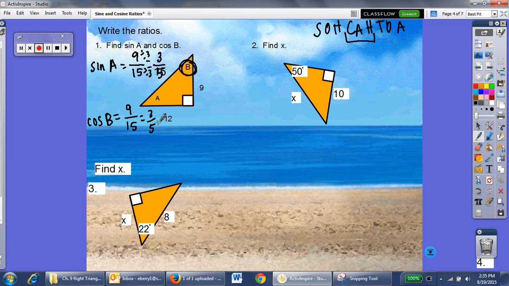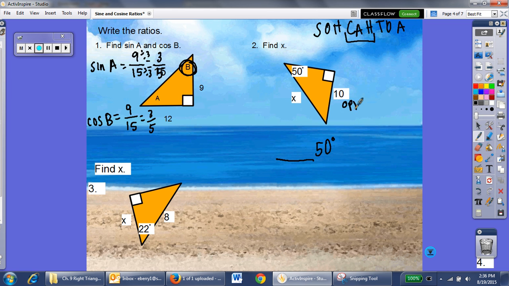Okay, let's move on to number 2 and solve for the side length of x. So at this point, we can use sine, cosine, or tangent depending on what they give us. So we know that we definitely have 50 degrees. We need to figure out if we want to write sine, cosine, or tangent here. So when we concentrate on the 50, the 10 is opposite.